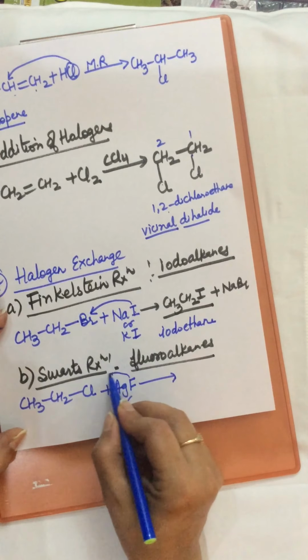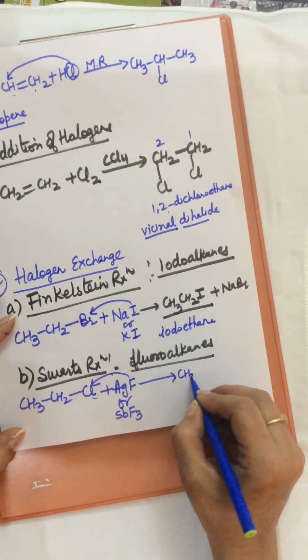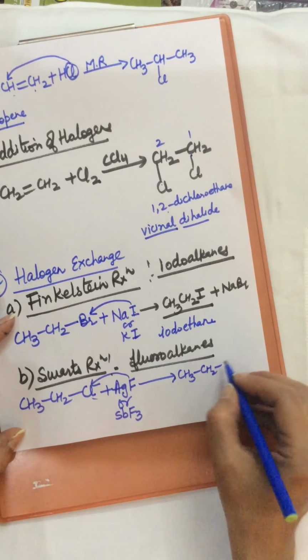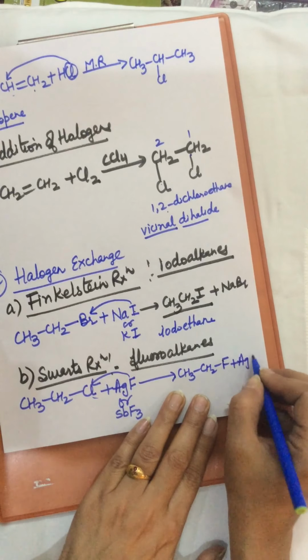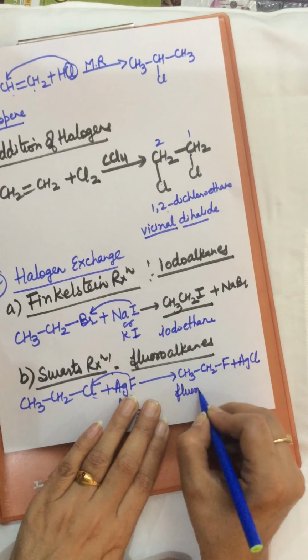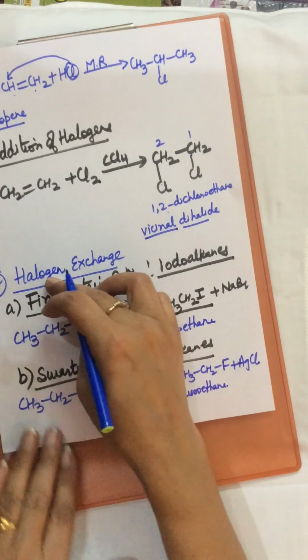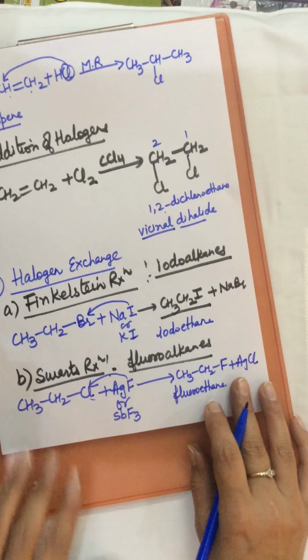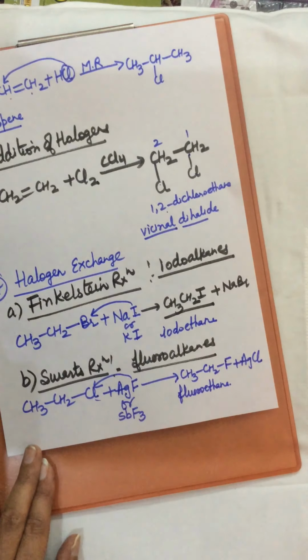Halogen will exchange, F will come here and Cl will go with Ag. This will be CH3CH2F, a fluoroalkane, plus AgCl. This compound is fluoroethane. So by exchange of halogen, we are getting iodoalkane and we are getting fluoroalkane. The names of these reactions are Finkelstein reaction and Swarts reaction.